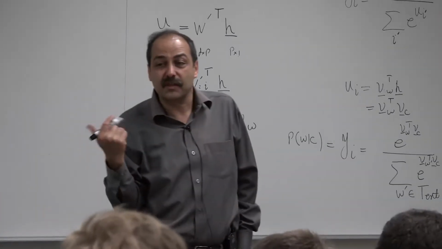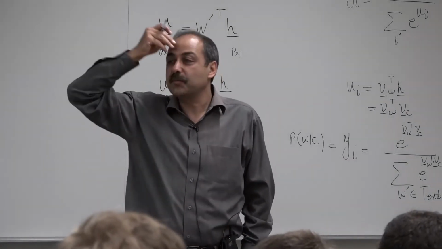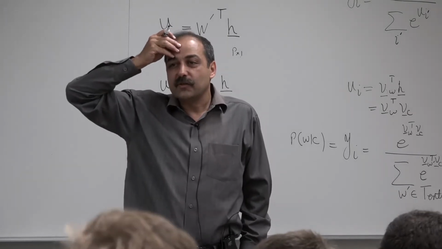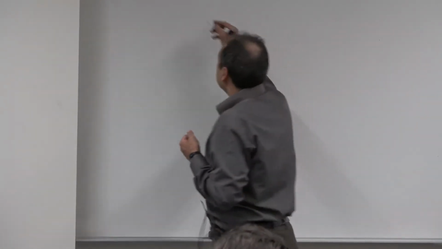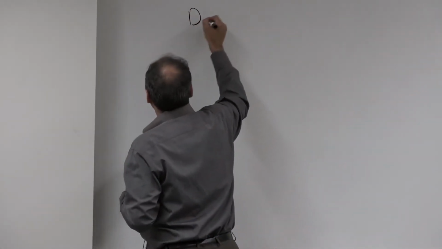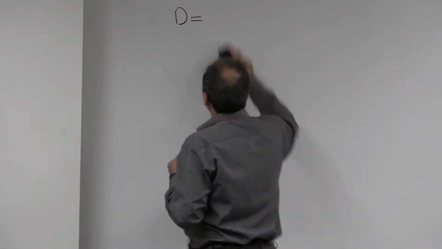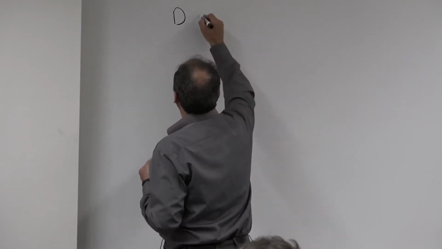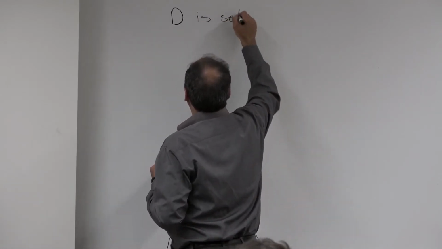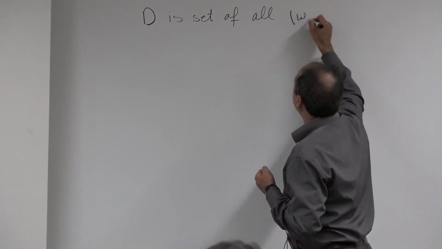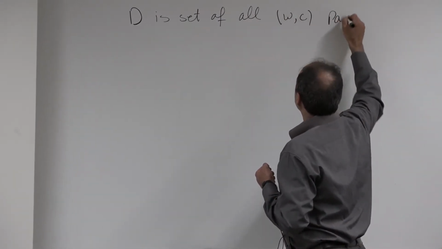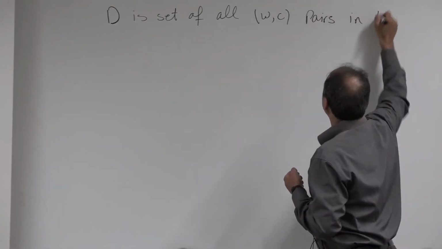the assumption that we are doing a classification problem. So just suppose that I'm doing a classification problem and I make pairs of words and context. I make a set D such that D is the set of all WC pairs in the text.